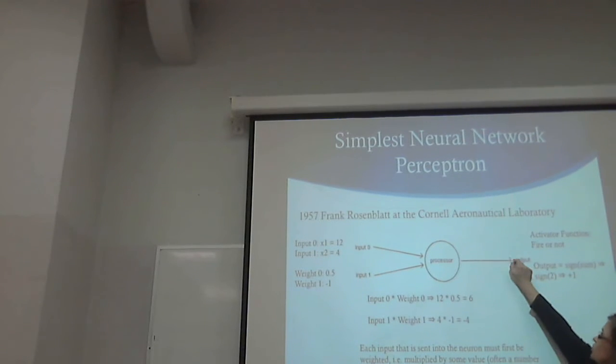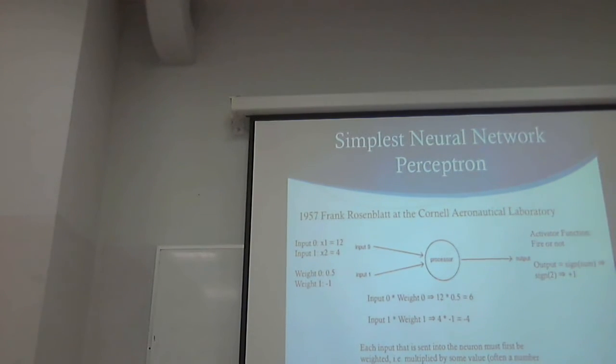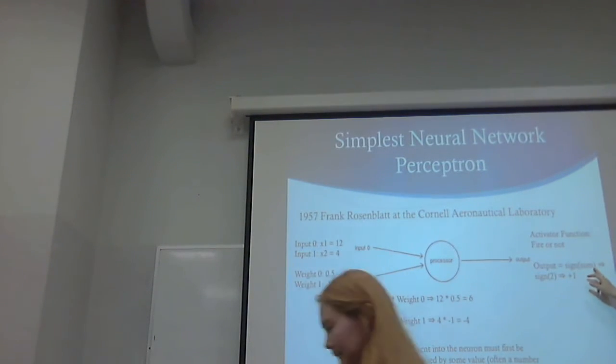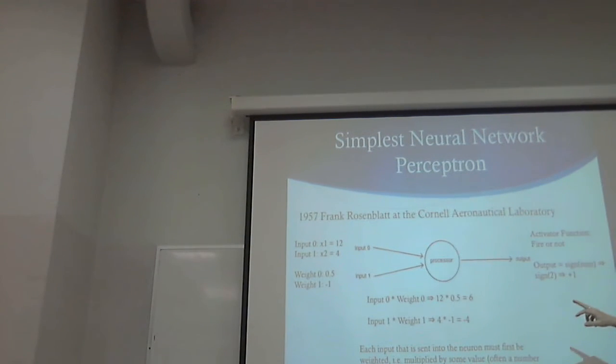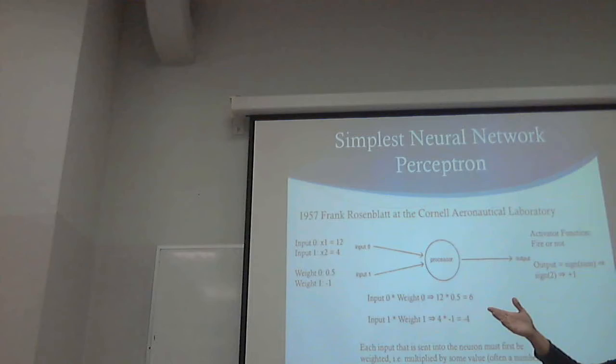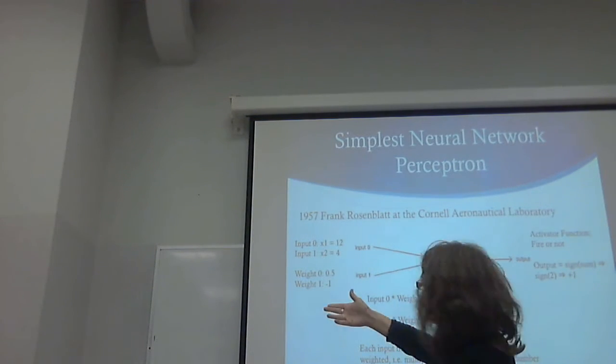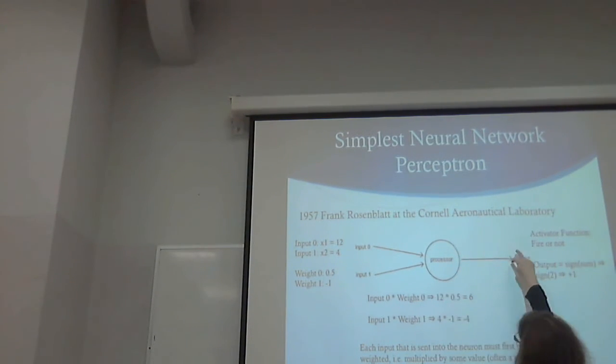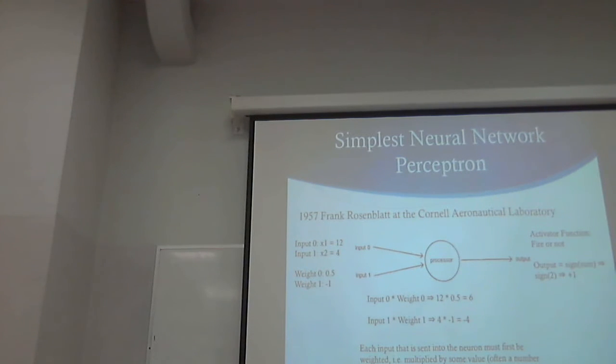The output is also one number, and we decided that the output is just the sign of the sum of the two values, either positive or negative. If the sum is positive, we decided to activate it, to make the neuron fire. If the sum is negative, let's shut it down.